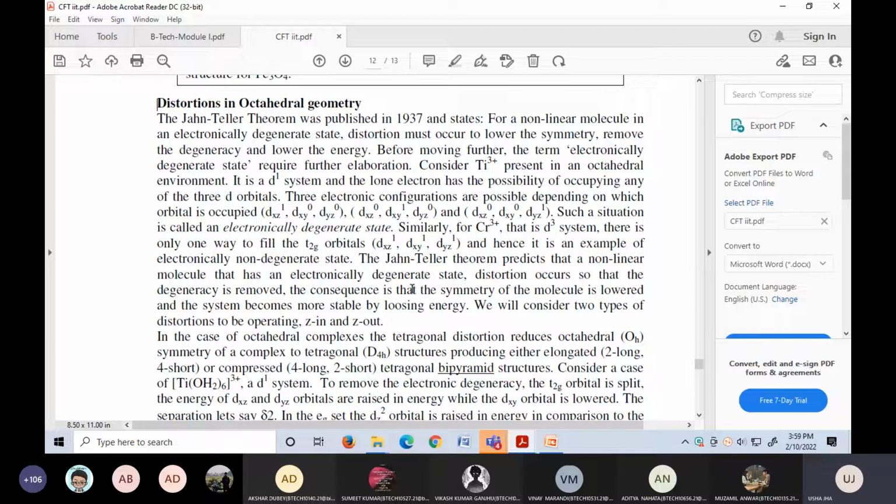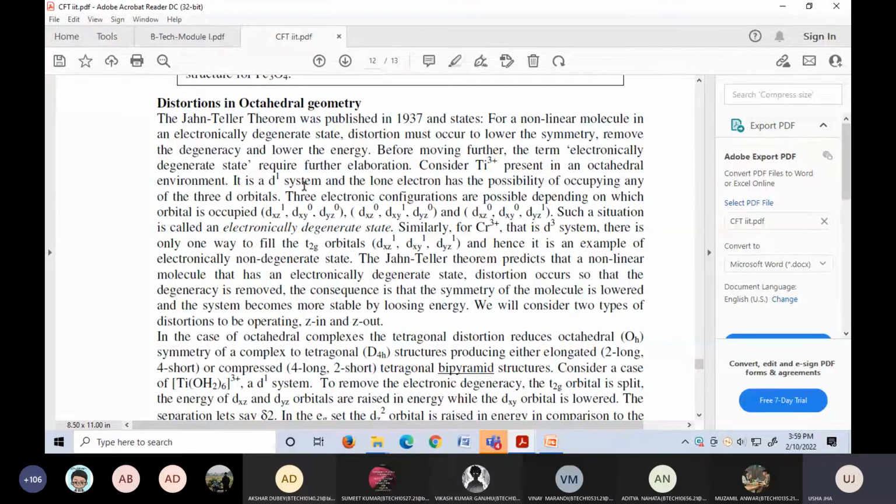So the Jahn-Teller theorem predicts that a non-linear molecule that has an electronically degenerate state will distort so that the degeneracy is removed, and the consequence is that the symmetry of the molecule is lowered, and the system becomes more stable by losing energy. So why is it becoming more stable? Because the ligand and the electron repulsion takes place.